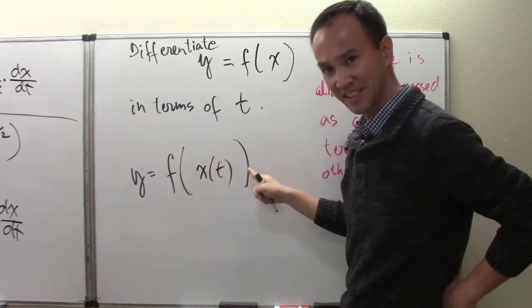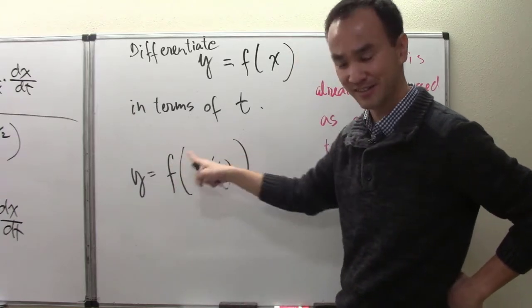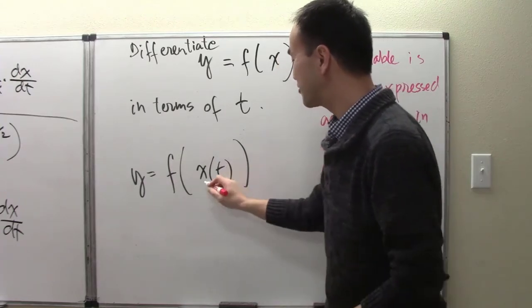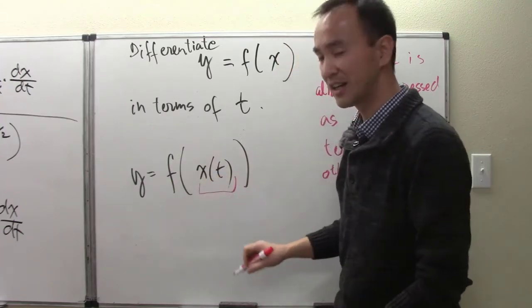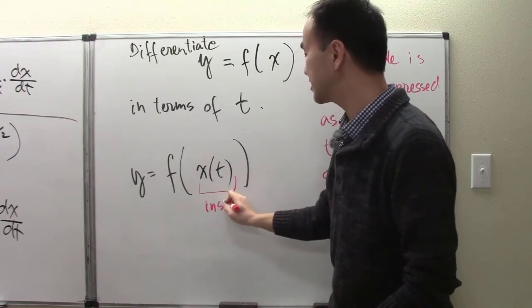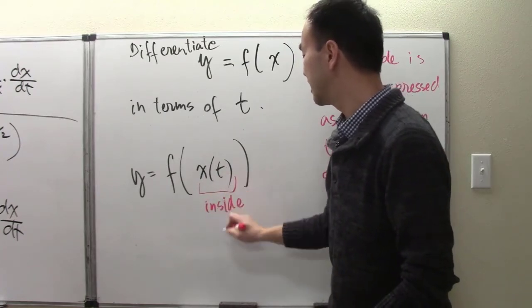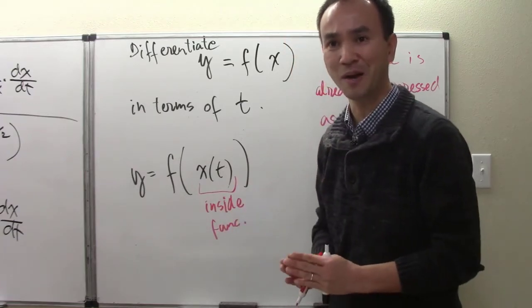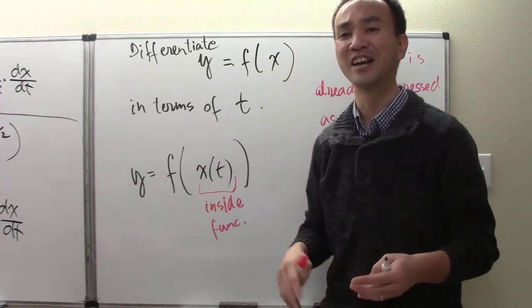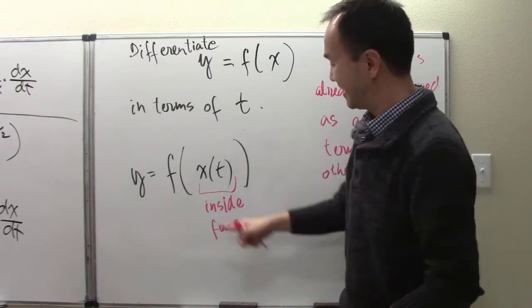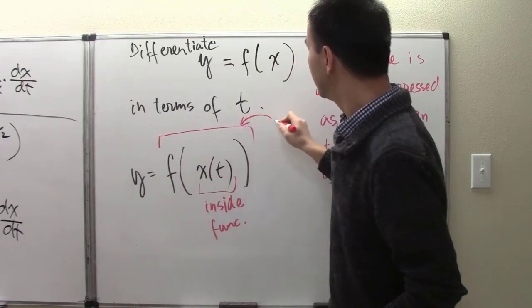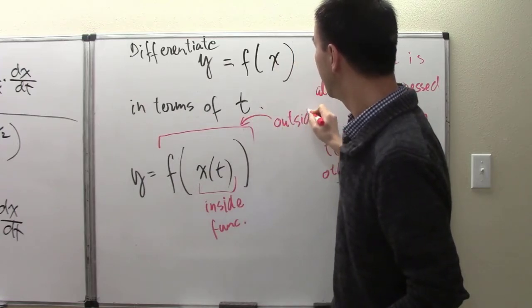The function f is the outside function. And then the function t right here, allow me to underline that with red ink. This is the inside function. To make it consistent with my lecture where I talked about the chain rule, f here is the outside function.